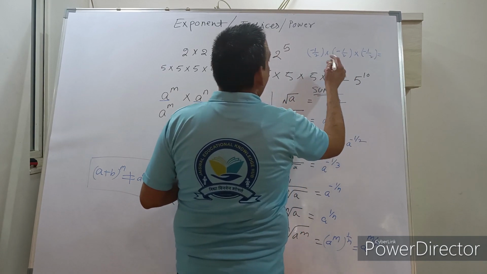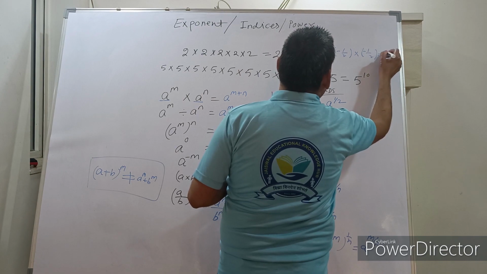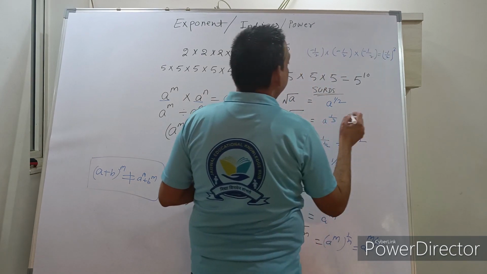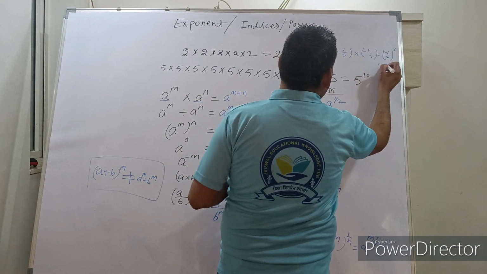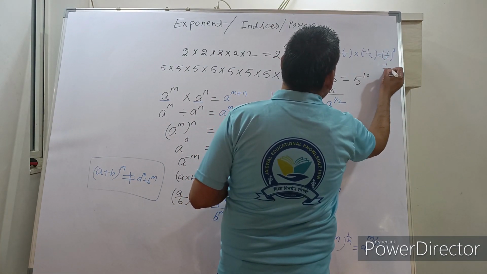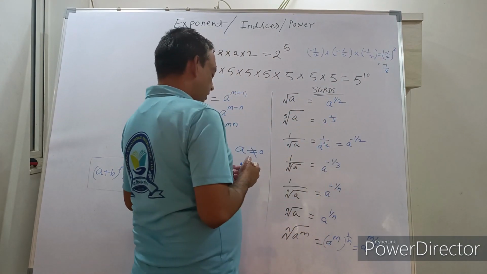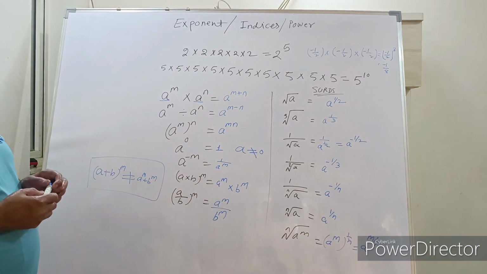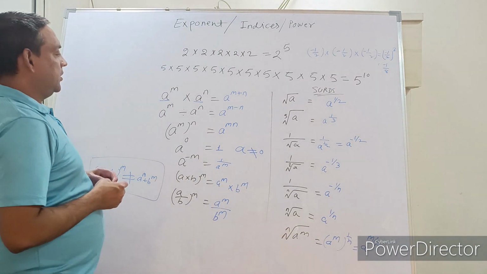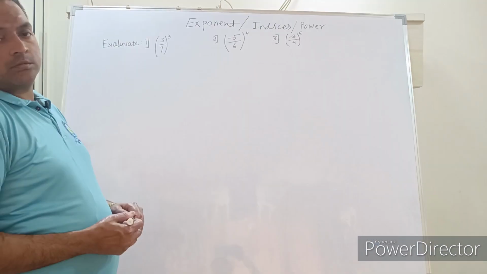So you can simply write minus 1 upon 2 whole thing raised to 3. Instead of multiplying that, minus 1 cube is equal to minus 1 and 2 cube is equal to 8. So instead of doing all this, we can simplify directly after writing in the exponent form also.